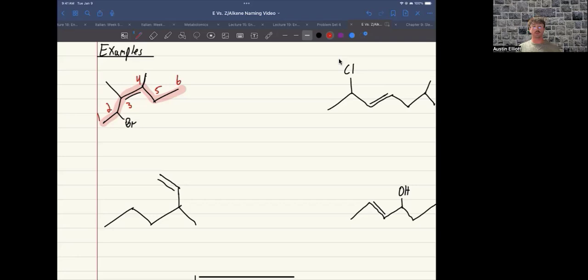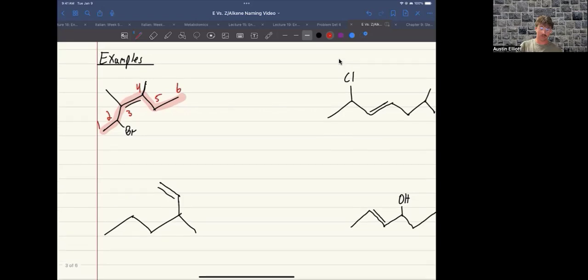We always want to start with the longest chain for alkenes. But something important about alkenes is that the longest parent chain always has to include the entirety of the alkene. So both of the sp2 carbons. If you only get one of them or it's not in the longest chain, you need to relook at what you've highlighted or made as your parent chain.